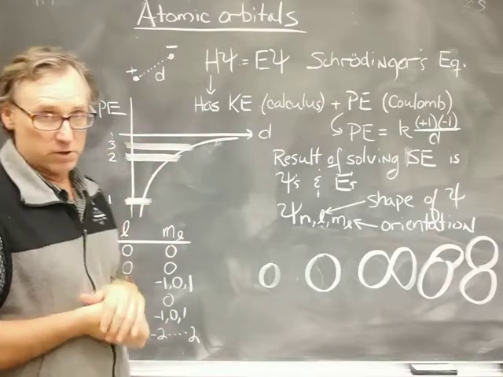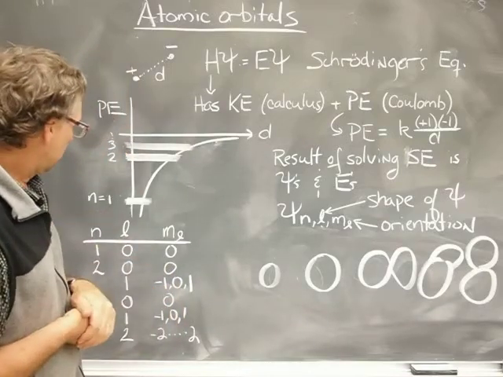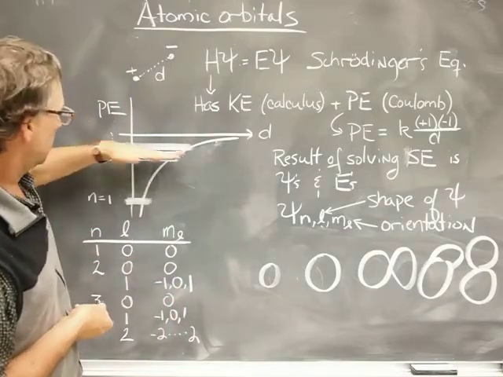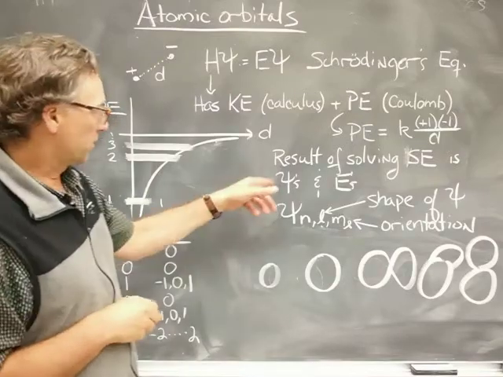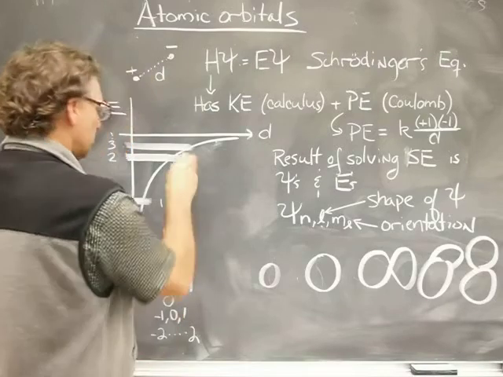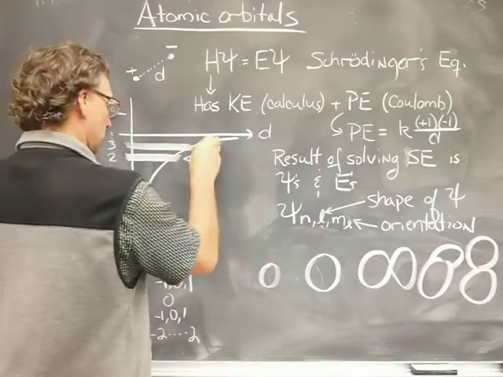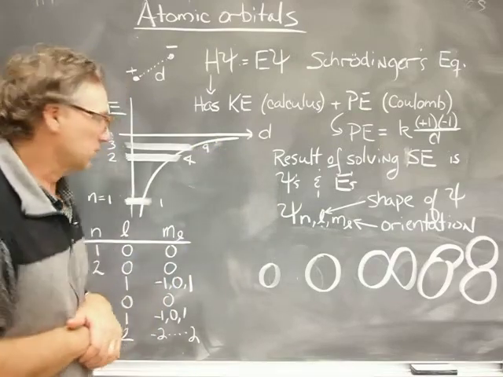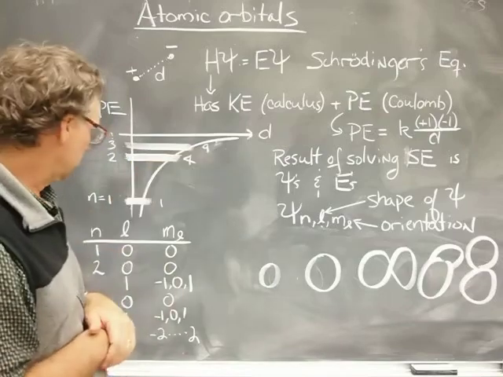The lowest energy solution that comes out of Schrodinger's equation I've indicated right here, and then it goes up here. It turns out there's just one orbital that comes out there. There are 4 that come out here, and there are 9 that come out here. And part of what I'm going to do is describe those that come out.